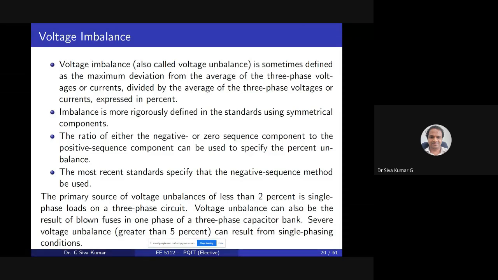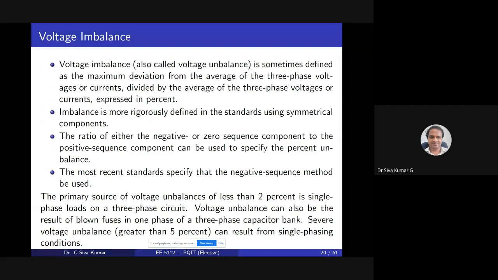In finding the voltage unbalance factor, or voltage imbalance factor, we can use the symmetrical components. With that also we can evaluate the voltage imbalance factor. The voltage imbalance with respect to symmetrical components is given by the negative sequence.